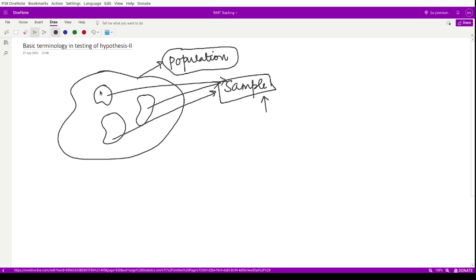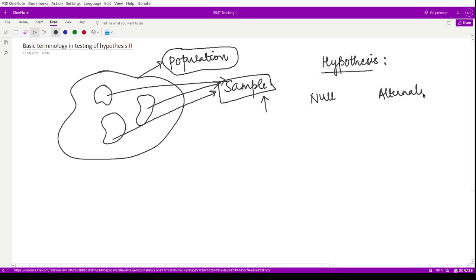And we have studied about hypothesis. How do we get started? The first step was the hypothesis. Whatever we wanted to test, we write in the form of a hypothesis, a statement which is yet to be proved. Next we saw various kinds of hypothesis. The important ones were the null hypothesis and the alternative hypothesis.